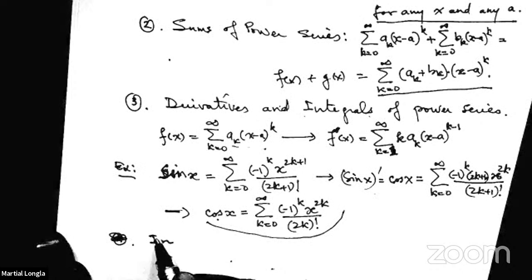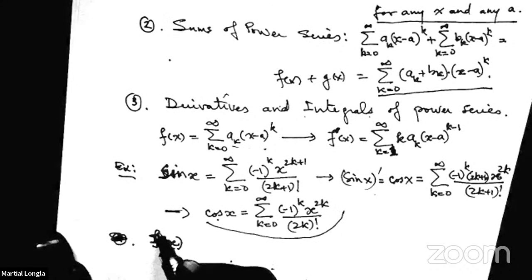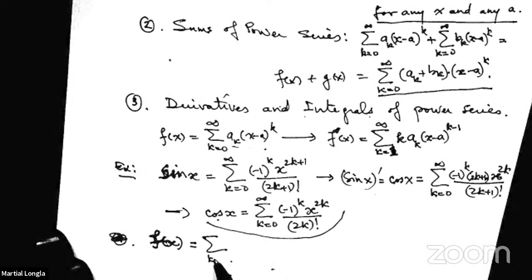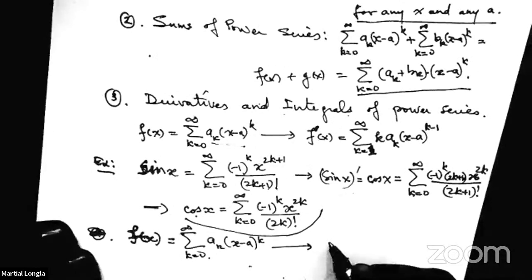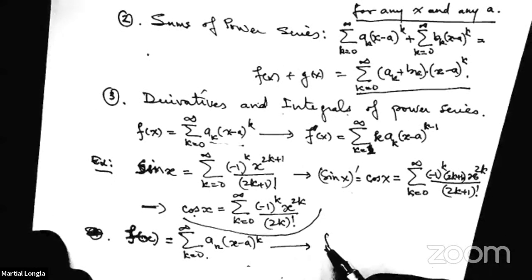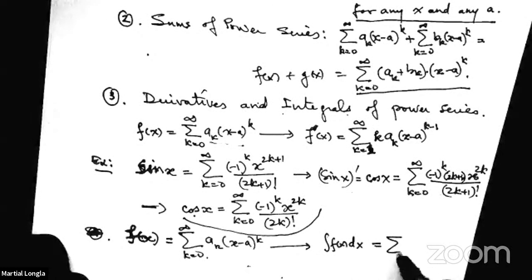So if I have f of x equals sum k from 0 to infinity ak x minus a to the k, then the integral of f of x dx is equal to sum k from 0 to infinity ak, and then I integrate x minus a to the power k.